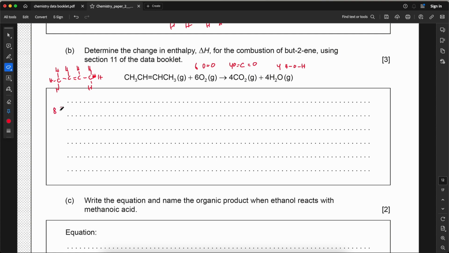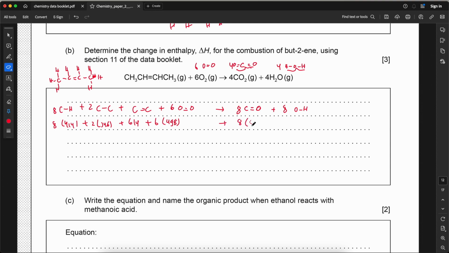Okay, so as you can see, we have 8 C-H plus 2 C single bond C plus 1 C double bond C plus 6 O double bond O, produce 8 because this is 2. So 2 times 4, 8 C double bond O, plus this is 2 as well, 8 OH. So 8 times 414, 2 times 346, plus 614, plus 6 times 498.